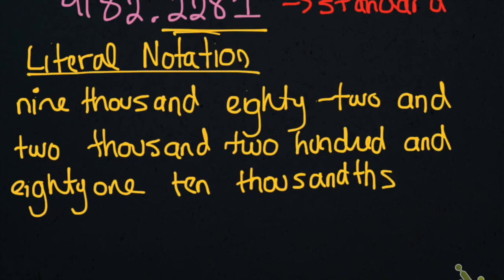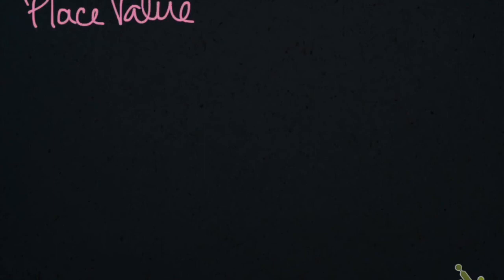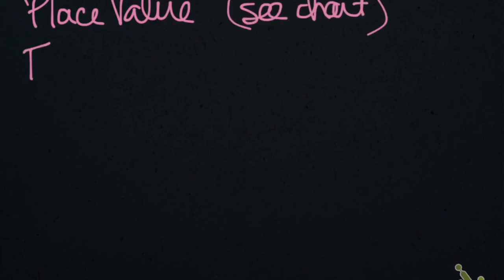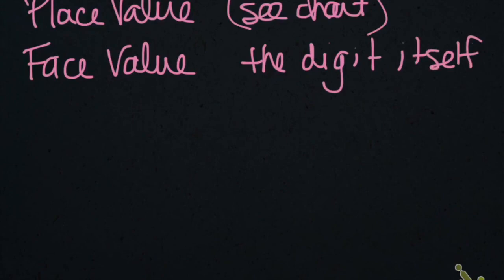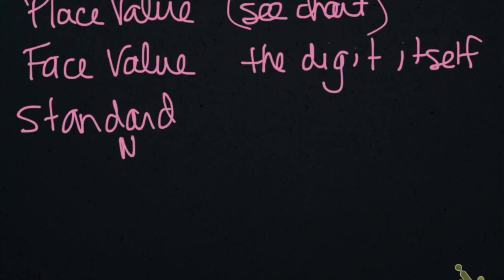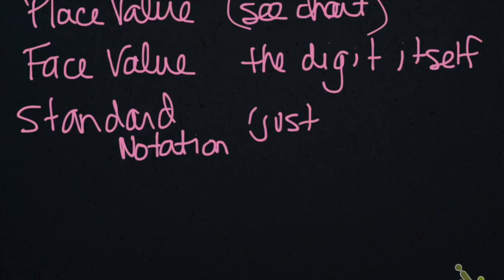And that's it. So just to recap, we did place value, which is the chart, the C chart. We did face value, which is literally just the digit itself. And we did standard notation, which is just, again, just the number.